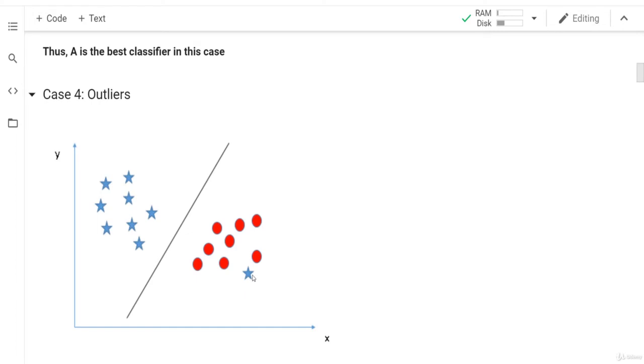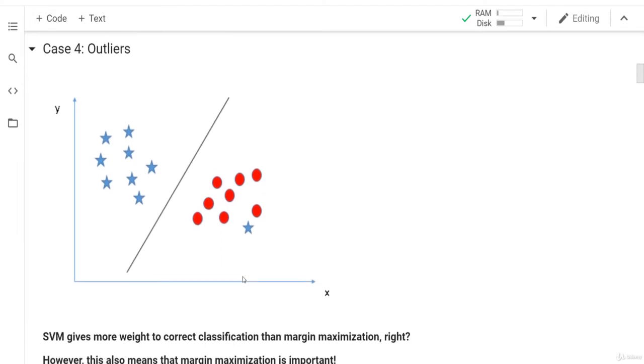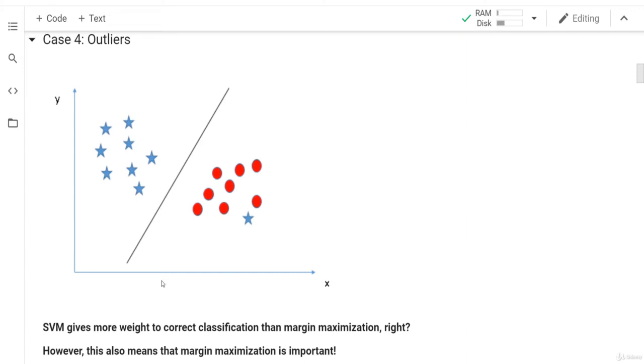It's a data point that was added incorrectly to the data, so we needed to clean it, but if we didn't clean it in the pre-processing part, we have it for the training. Now, we said that SVM will give more weight to correct classification than margin maximization. However, this also means that margin maximization is important.